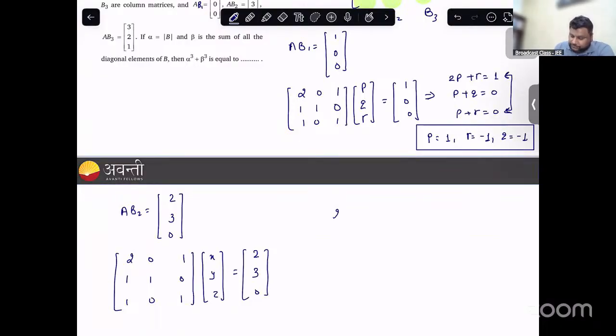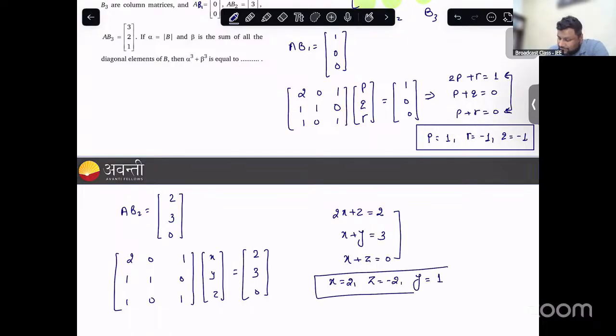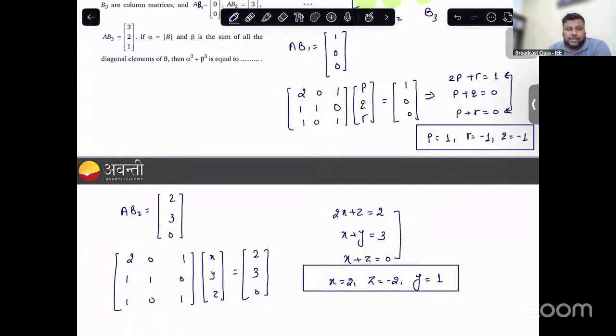So 2x plus z equals 2. x plus y equals 3. And x plus z equals 0. All right. Again, first of all, we will solve these two. If I solve these two, I will get x as 2, z as -2. So y is going to be 1. See, all three are getting satisfied. Yes or no?